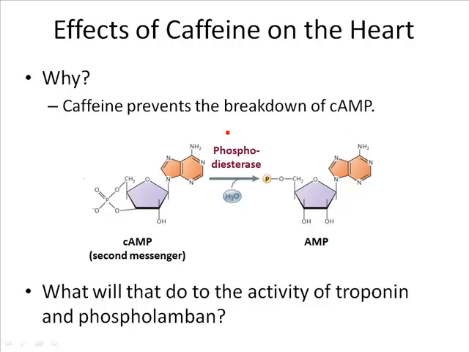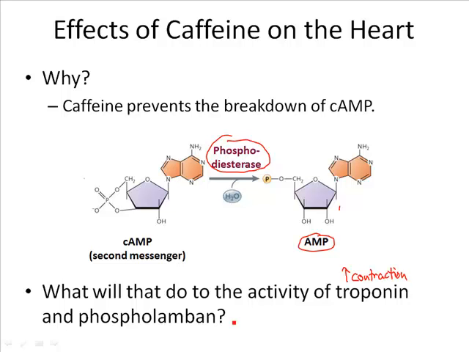So remember, we have an enzyme called phosphodiesterase that hydrolyzes the cyclic AMP here to go back to the AMP form. Now, if cyclic AMP can't be broken down, what's that going to do to phospholamban and even the troponin? That's right, if you cannot break down cyclic AMP, it's going to increase the contraction by troponin.